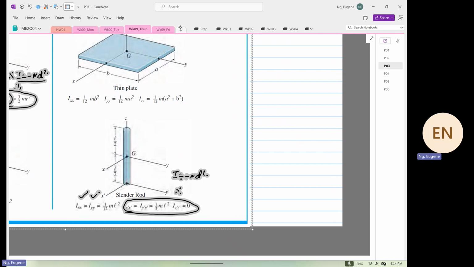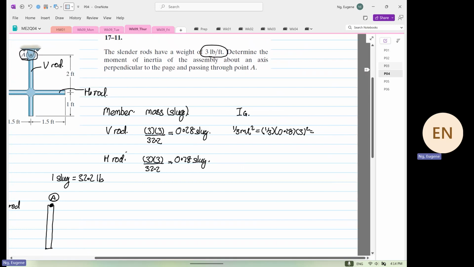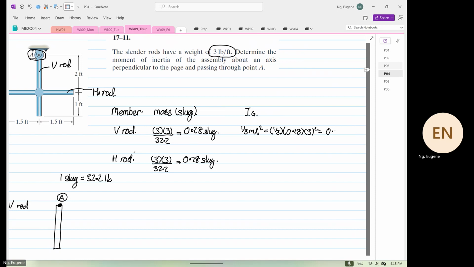So over here, you use 1/3 ml squared. This will be equal to 1/3 times the mass, which is 0.28, times the length 3 squared. So this will be equal to 1/3 times 0.28 times 3 times 3, which is 0.84.